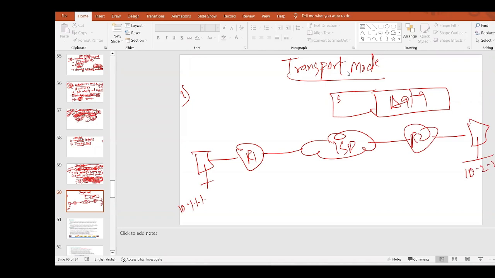The source is PC1 and the destination is PC2. Source is 10.1.1.1, destination is 10.2.2.2, and there is data.